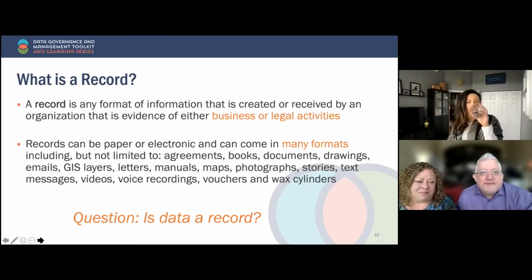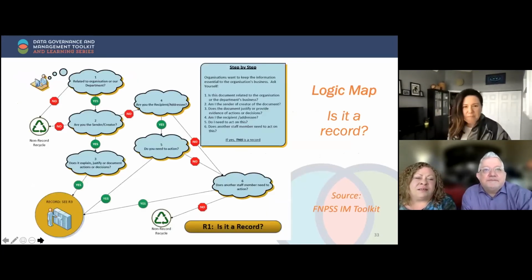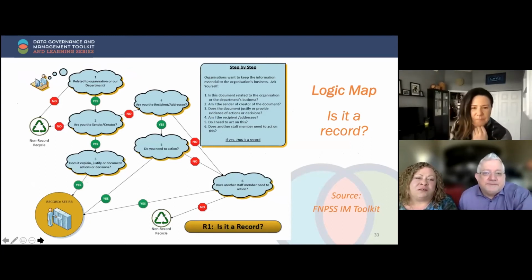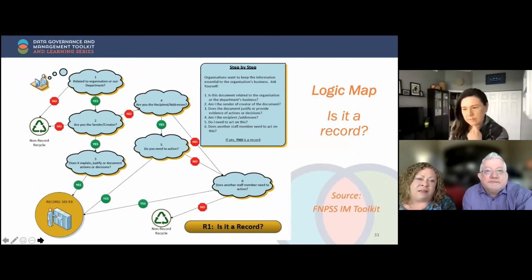Next slide. So this is a really important graphic, and it's a logic graphic, and it can be found in the FNPSS RIM Toolkit, and it is really supportive in working through in your mind, defining what is and what is not a record.